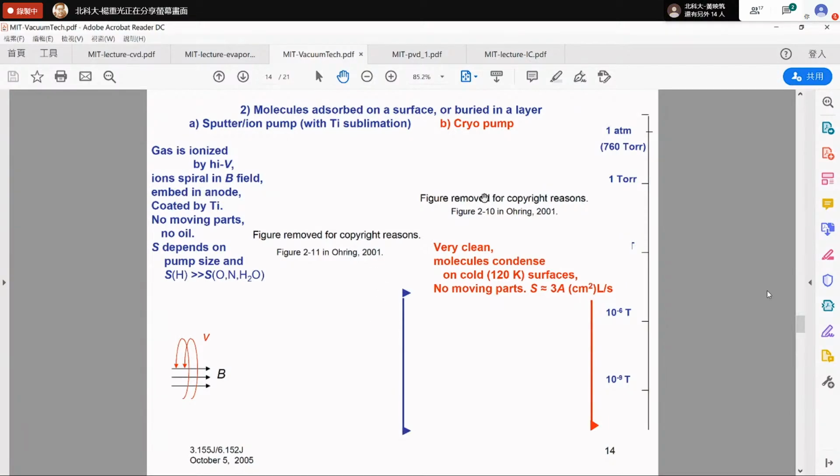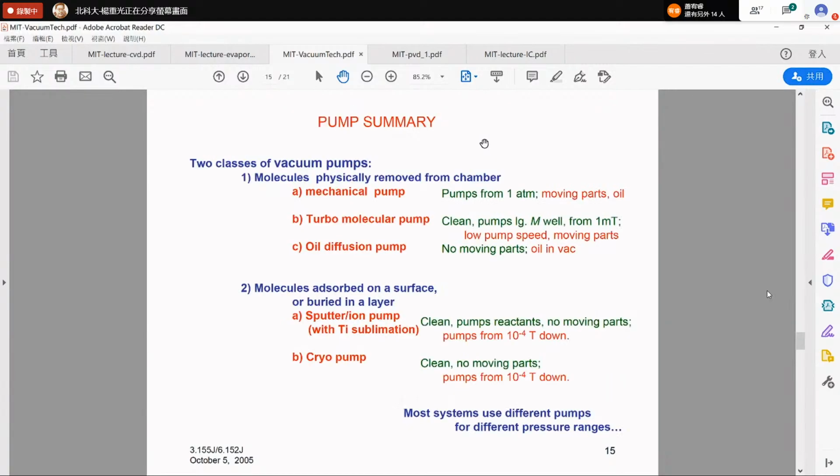So this is quite a good table that helps you understand the vacuum pump.